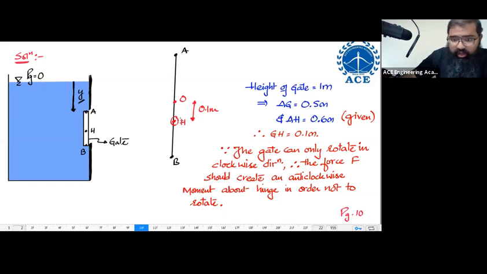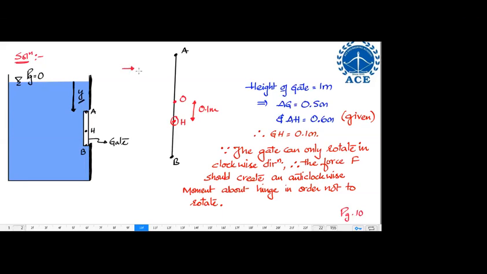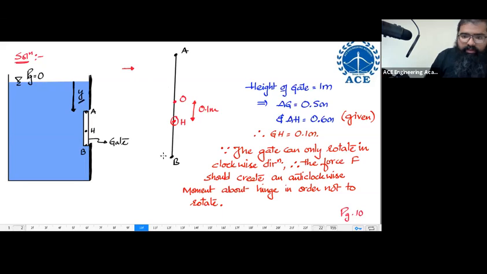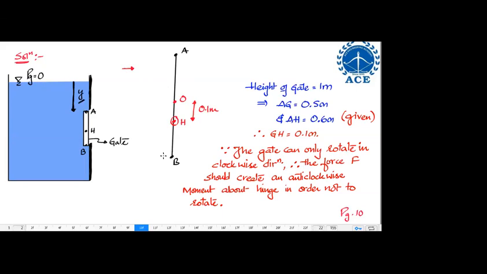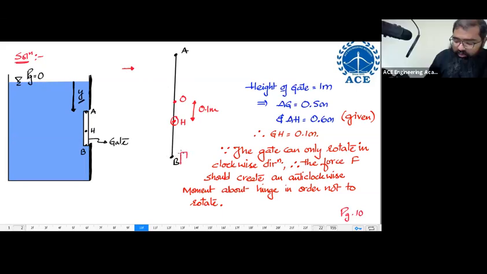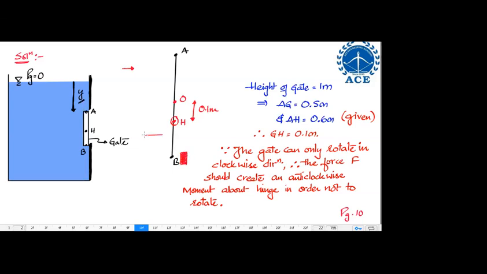For sure there is going to be a horizontal force coming in the rightward direction on this side of the plate. Where would you want to keep it, above H or below H? Below H only, because you're having a certain support over here. So you would want to keep it below H.